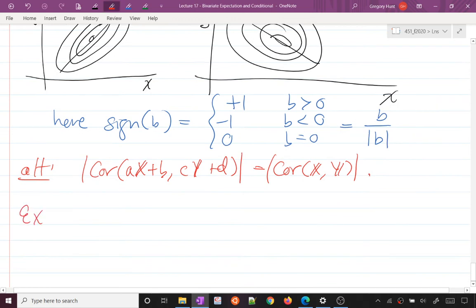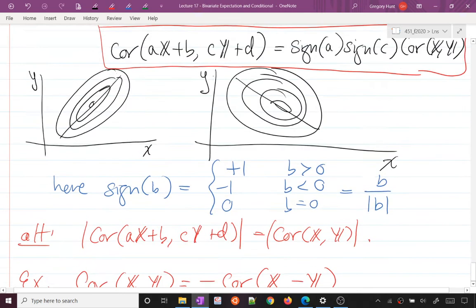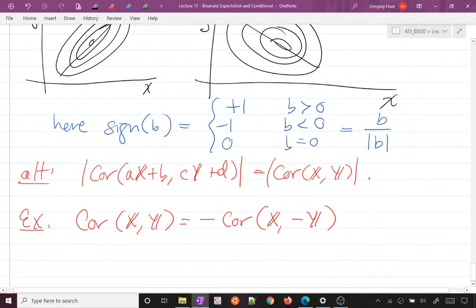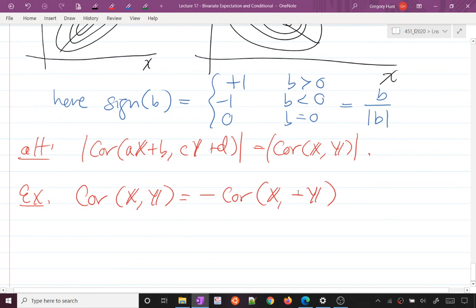So an example of this would be that the correlation between x and y is the negative of the correlation between x and negative y. If I multiply by negative 1, I can just pull it out, right? And yeah, that's true. And you could change that even to negative 5. That would also be true, for example.